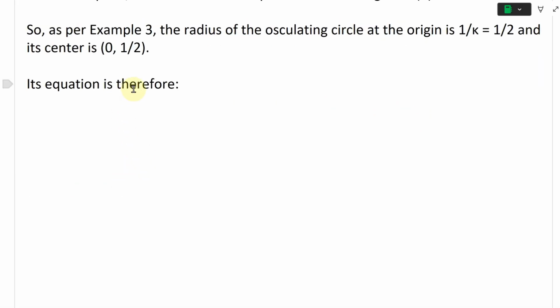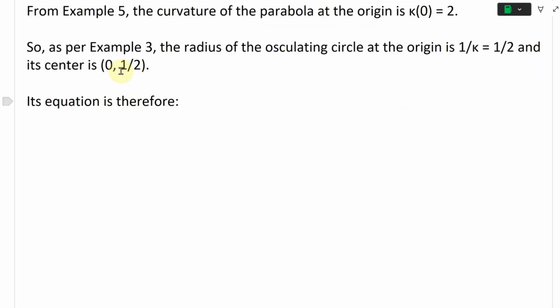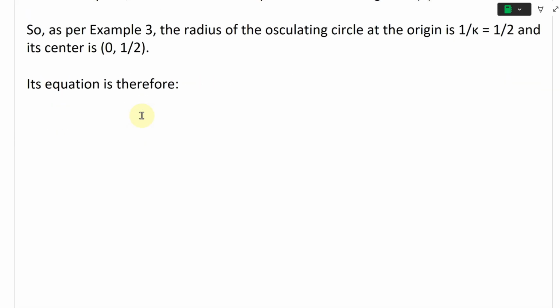Its equation is therefore, if the center is 0, 1 over 2, and recall the equation of a circle, x squared plus, because the x is at the origin, and the y is going to be shifted up, so we put a minus 1 over 2. To get y back to the origin reference frame, you need to shift by 1 over 2.